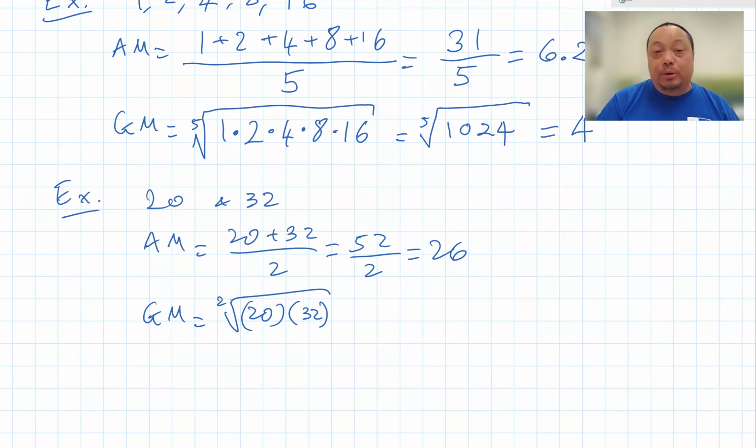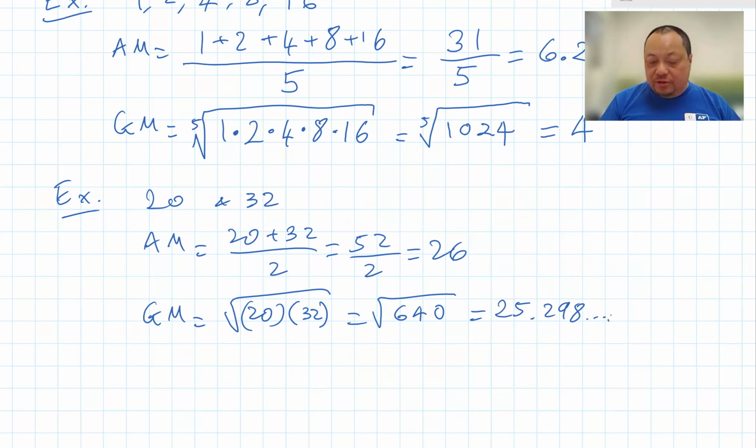There's an invisible 2 there. It's implied. Square root of 640, which is 25.298 rounded. And this number is also smaller than that number.